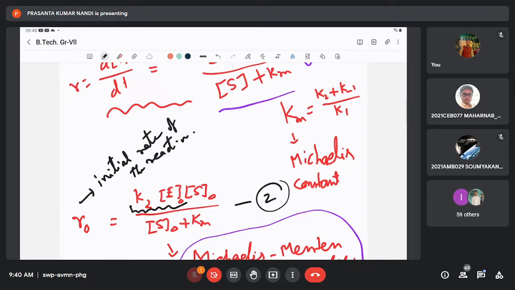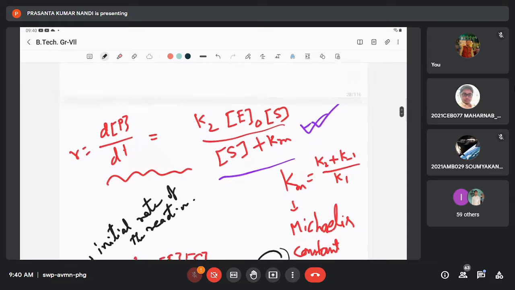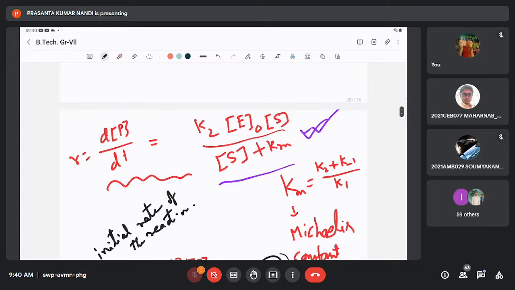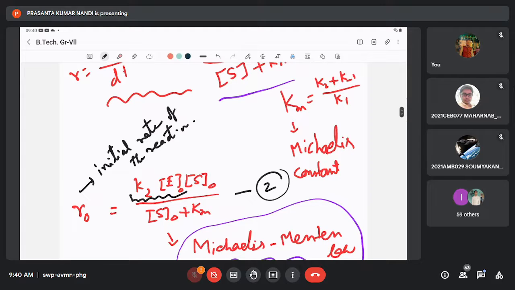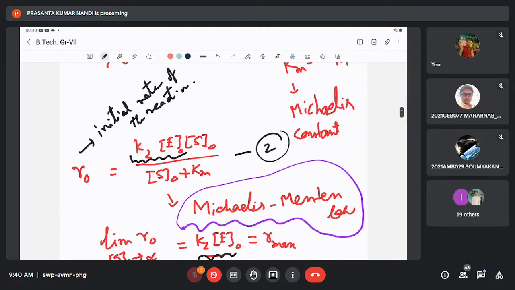We put the substrate concentration subscript 0 to indicate the substrate concentration at the very beginning of the reaction. And at that time, what is the rate of reaction? That reaction rate is particularly called the Michaelis-Menten law.